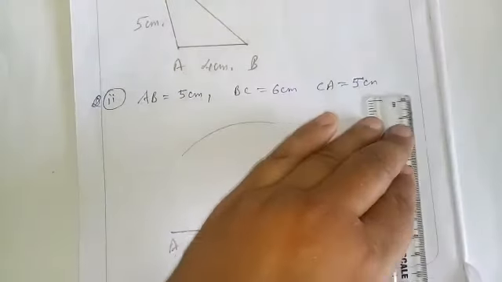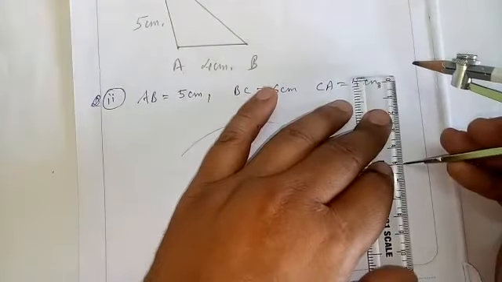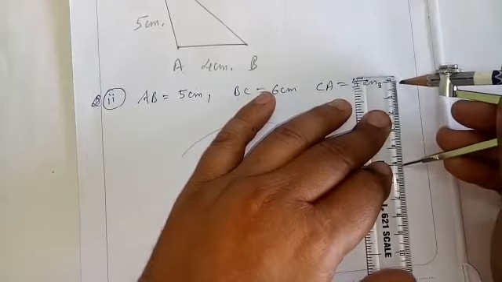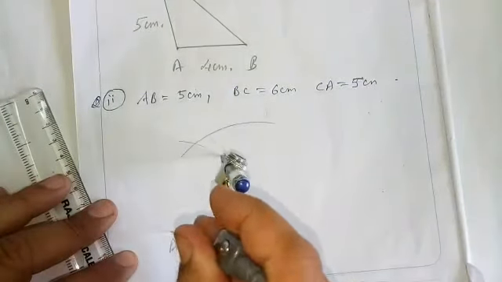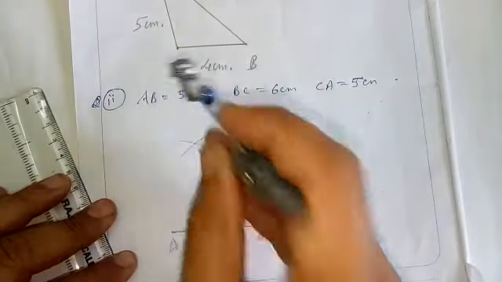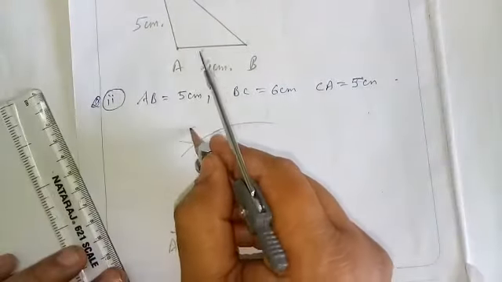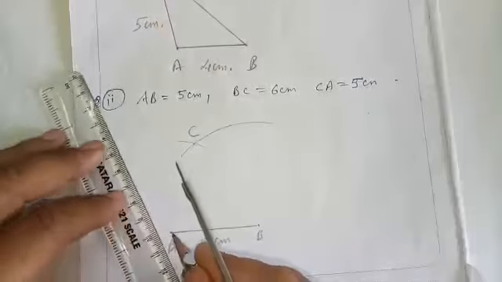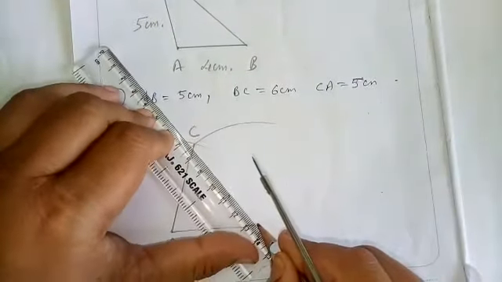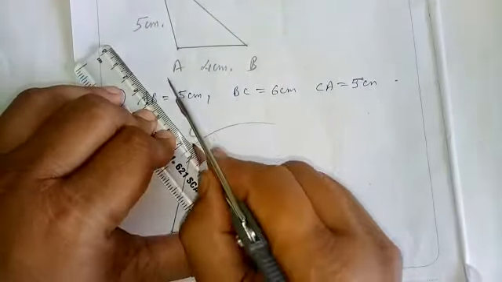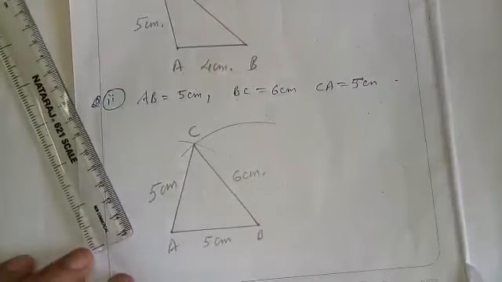Then AC 5 cm. Again in the rough, you measure 5 cm. That is AC. Then from A, draw an arc where both arcs will intersect, name it point C. Then join CA and CB. Then AB is 5 cm and BC is 6 cm.